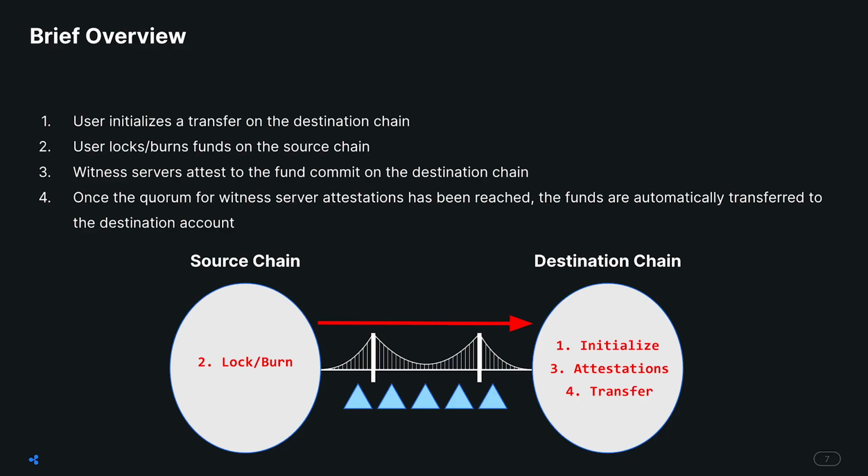And once enough witness servers have attested to this being true, once a quorum has been reached, the funds are automatically transferred to the destination account. And that's how you can send from one account on the source chain to another account on the destination chain via this protocol.